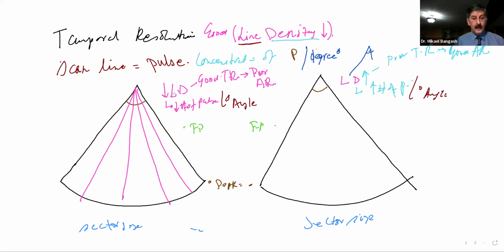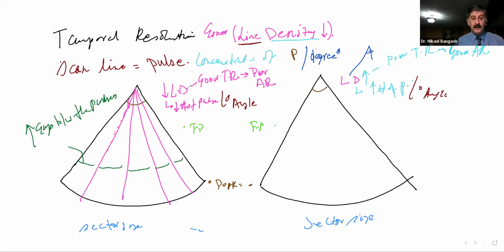So due to a low line density, that mainly will mean that there's going to be, as you can see, a greater gap or space between the pulses. Whereas along the scan line of these pulses is where we got our axial resolution.